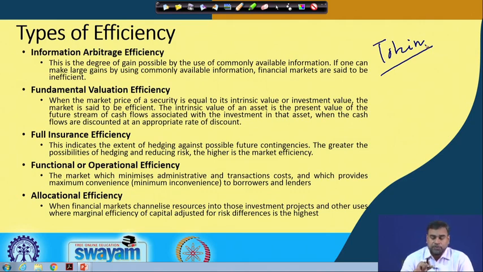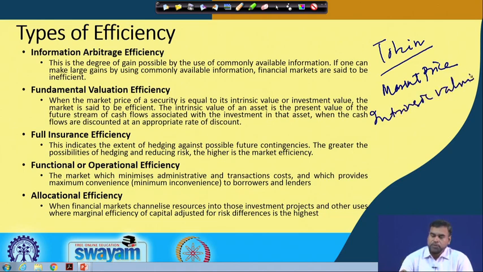In the fundamental valuation efficiency, we say the intrinsic value of the asset should be equal to the market value. For any asset, there is a market value or market price, and another one is the intrinsic value. The intrinsic value is calculated by discounting the cash flow with respect to a particular discount rate.